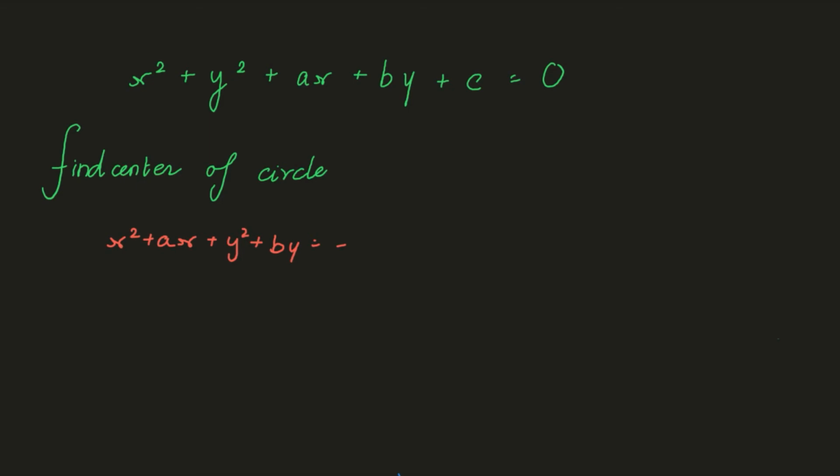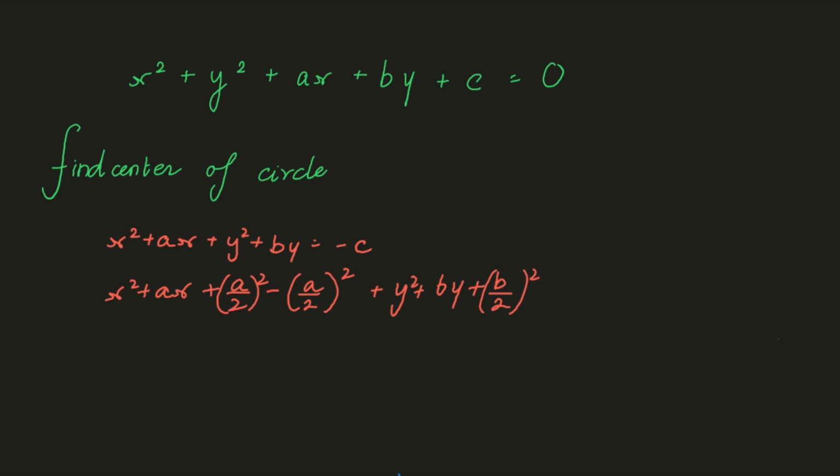So we will do this by writing x² + ax + (a/2)² - (a/2)². And same for the y side: y² + by + (b/2)² - (b/2)² = -c.